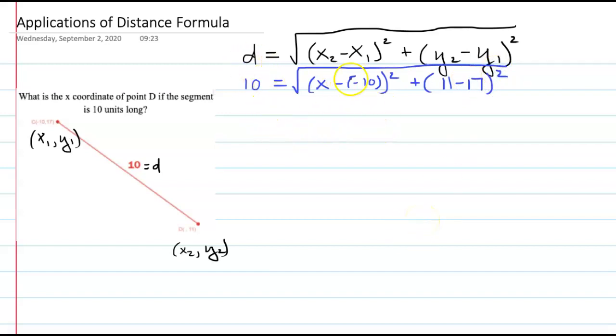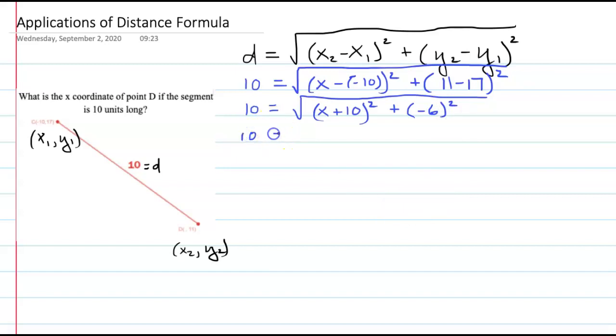And now I can clean this up a little bit, simplify. So x minus a negative 10 is x plus 10. And then 11 minus 17, that's negative 6 squared.